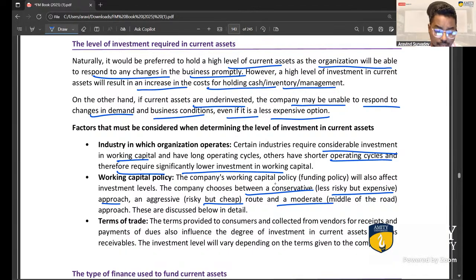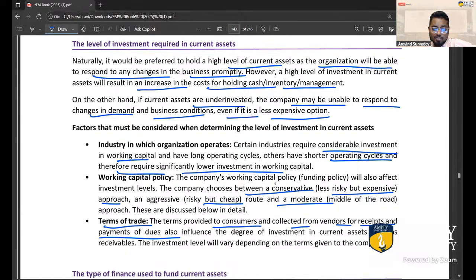Also, to keep in mind, another factor that must be considered when you think of how much to invest in current assets is the terms of trade. The terms provided to consumers and collected from vendors for receipts and payments of dues also influence the degree of investment. Absolutely. If I want to give a big receivable or credit period to my customers, I would need to invest a lot of money in that.